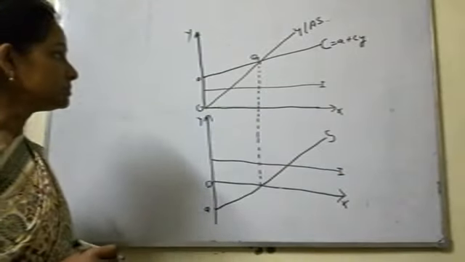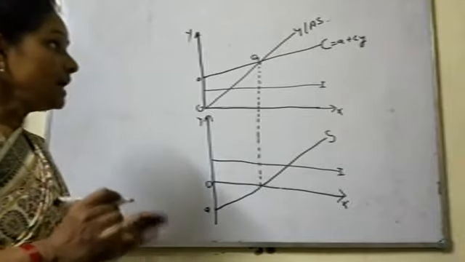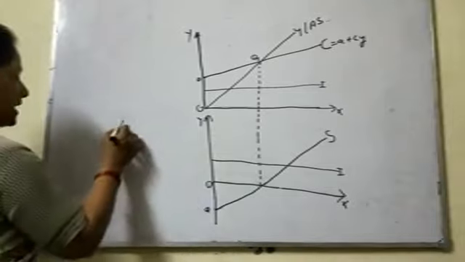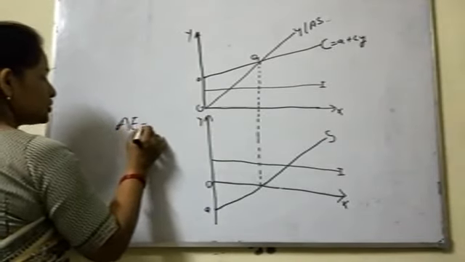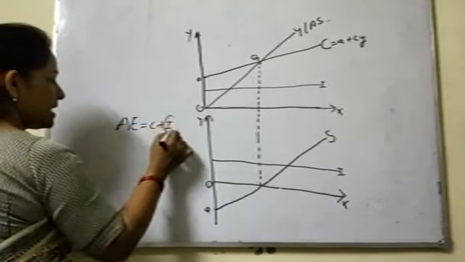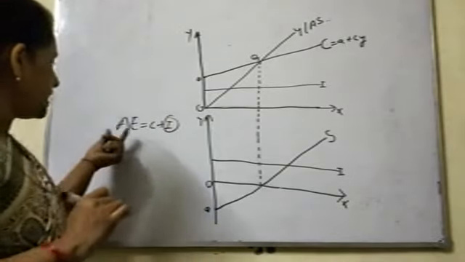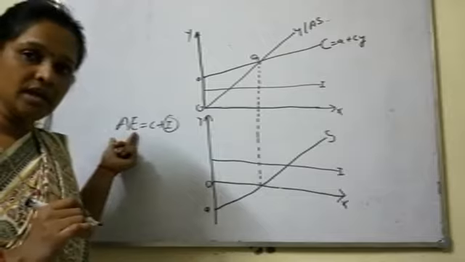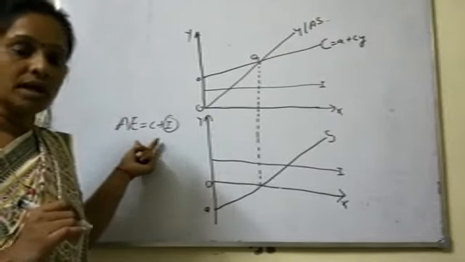Now we have to draw the aggregate demand curve. As I told you, AE is equal to C plus I, and I is constant. So AE will follow which curve? The consumption curve. So the AE curve will be just parallel to the consumption curve.